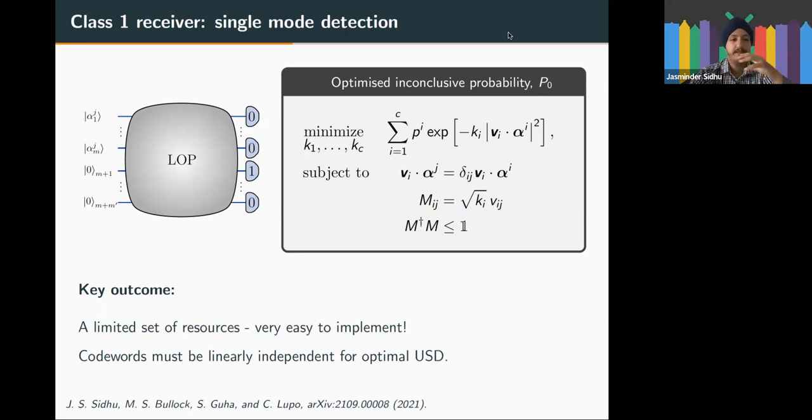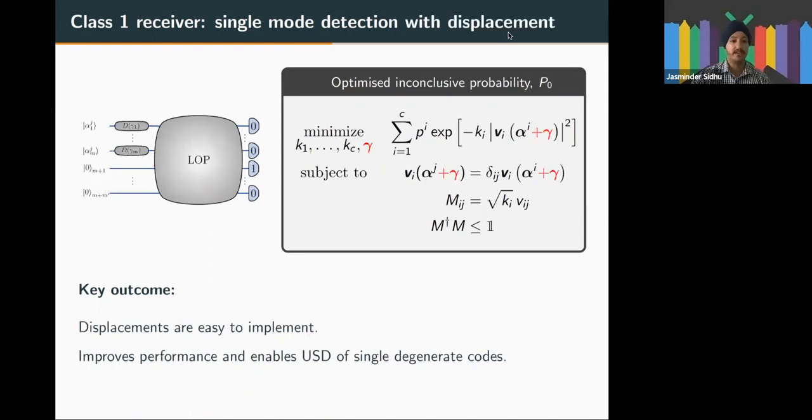Now, we can improve the performance of this receiver by increasing the pool of resources that we use to include displacement operations. So still under class 1 because we're using single mode detection, but now with displacement. As you see on the top left, we are now displacing the input signal states and then mixing it with our vacuum auxiliary modes at our LLP, and the photo detection events then follow.